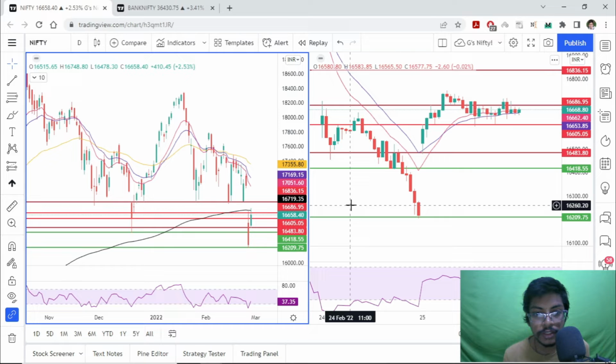So let me quickly open this. Multi-strike OI. Although VIX crashed on Friday, it is most likely to reverse today.